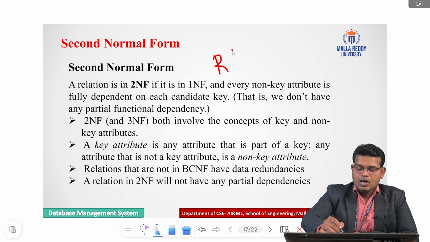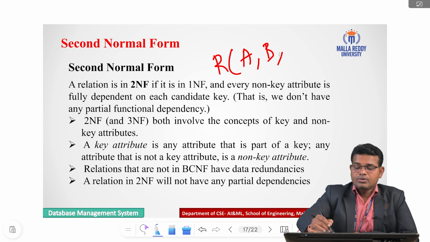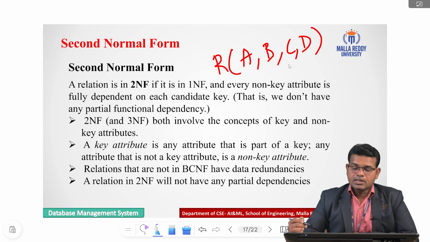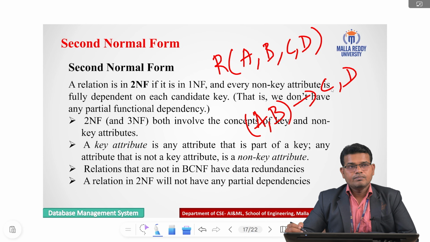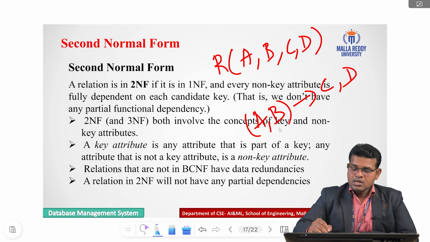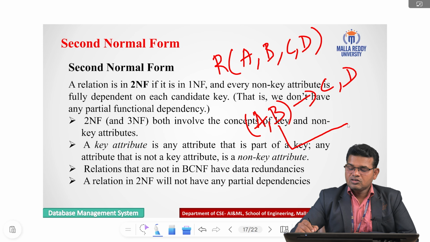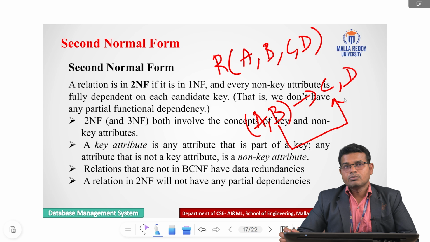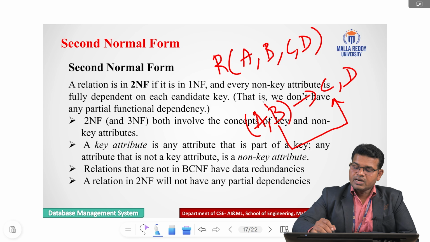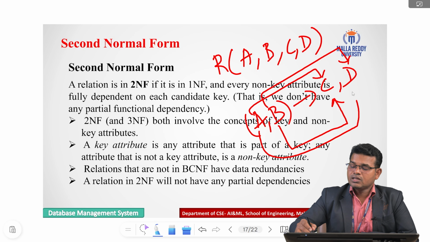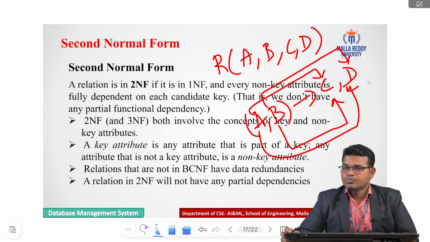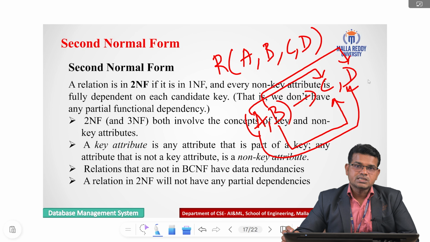So R is a relation, and A, B, C, D are the attributes in it. Now, AB is the candidate key which determines C, D. In addition to this dependency, if B is separately determining C, or B is separately determining D, or A is separately determining C, or A is separately determining D, this kind of dependency leads to partial dependency.